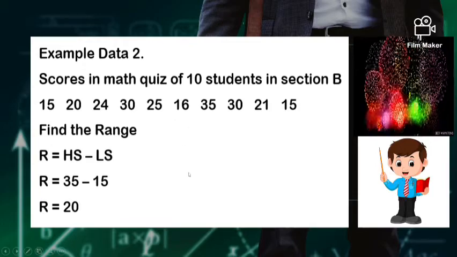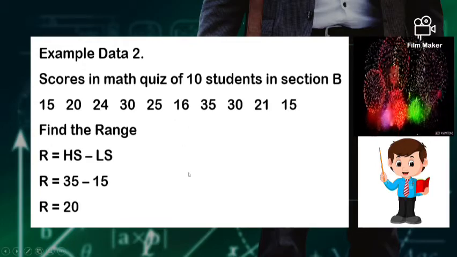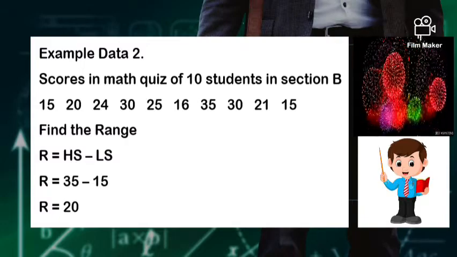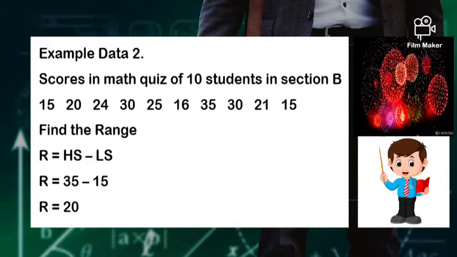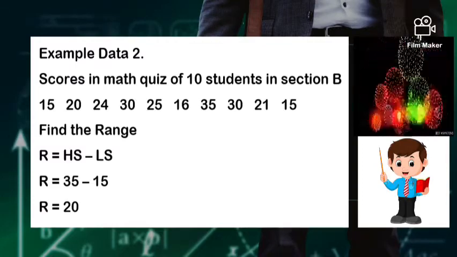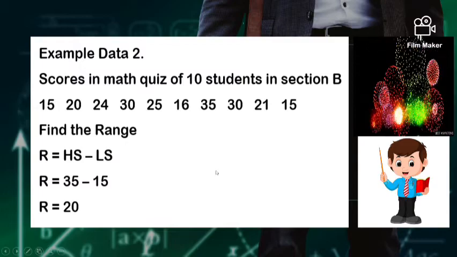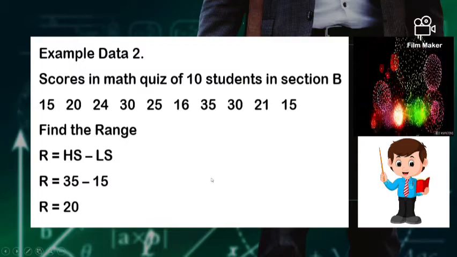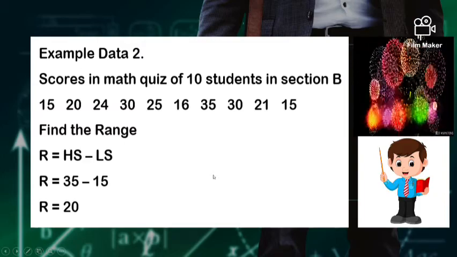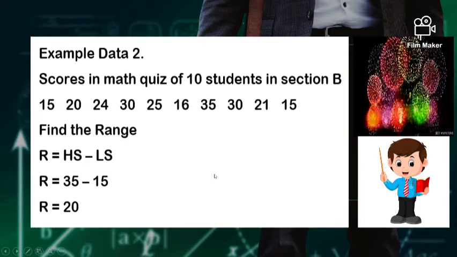So if the range is smaller, then you can conclude that the scores in a given data are clustered together, while if the range is higher, the scores in the data are scattered.